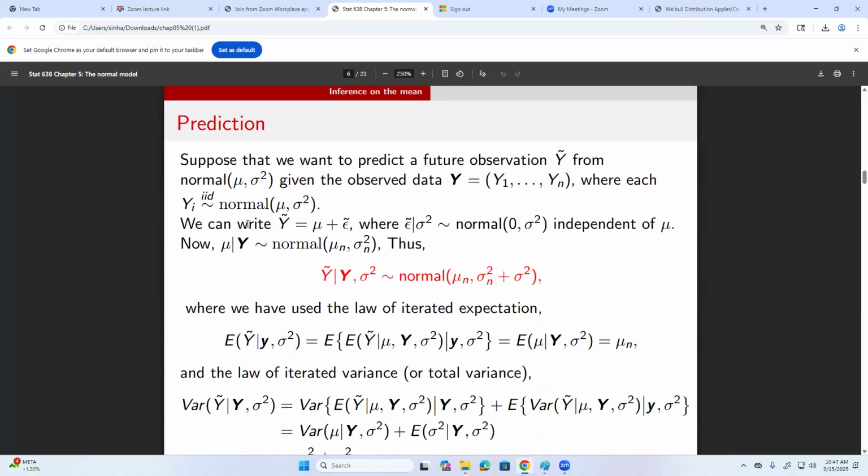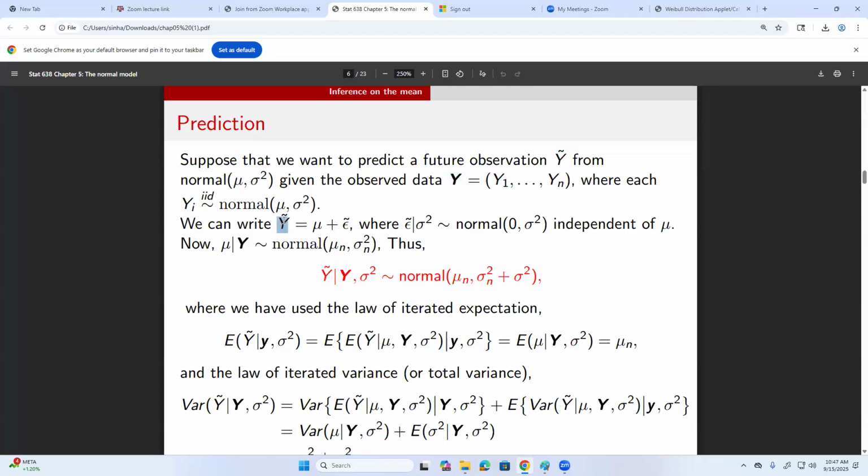Now, prediction of a future observation. Suppose that we want to predict a future observation, call it y tilde, from this normal mu sigma square distribution, given the observed data, where each yi follows IID normal mu sigma square. So let us derive the predictive distribution.